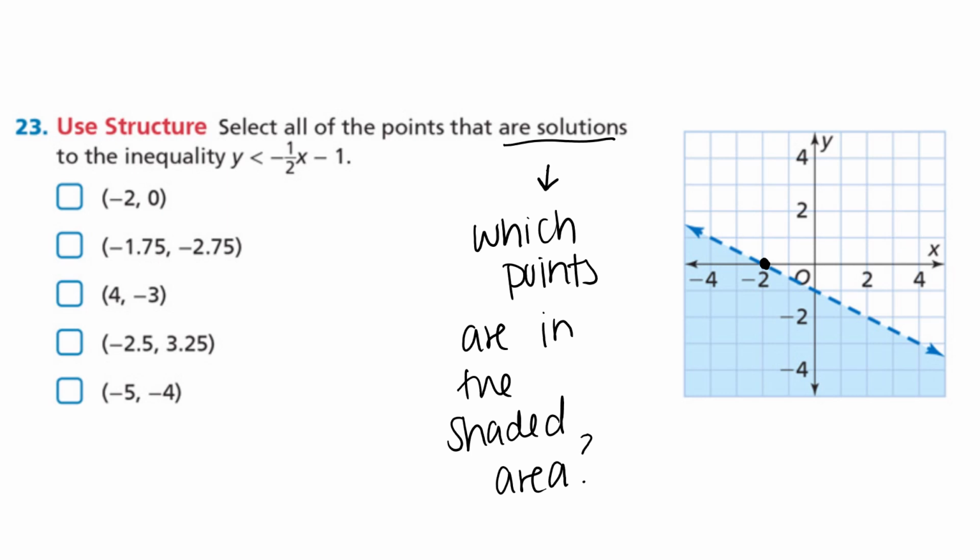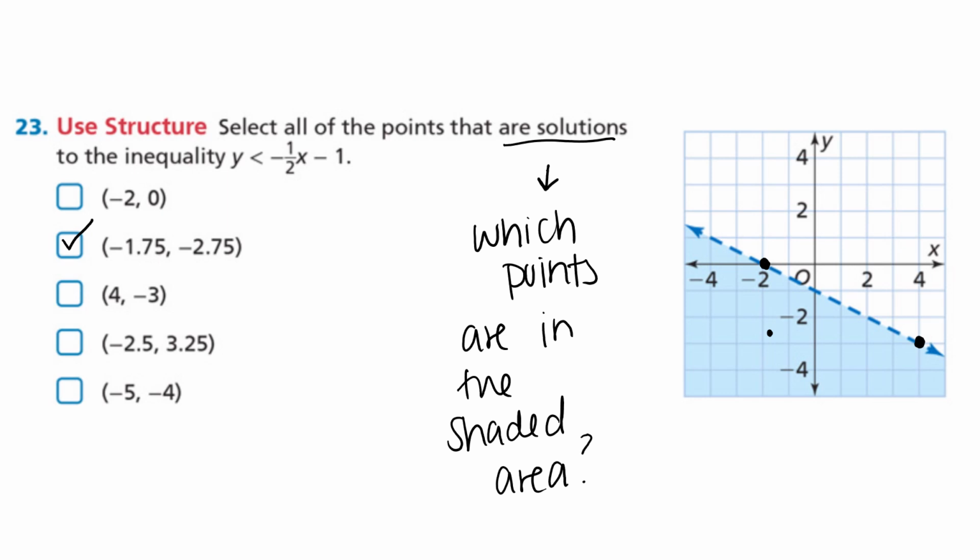For our next point, we have -1.75 and -2.75, which would be about there. And again, these are just approximations, but it is within the shaded range, so that's a correct answer. Our next point, +4 and -3, again, is on the line.